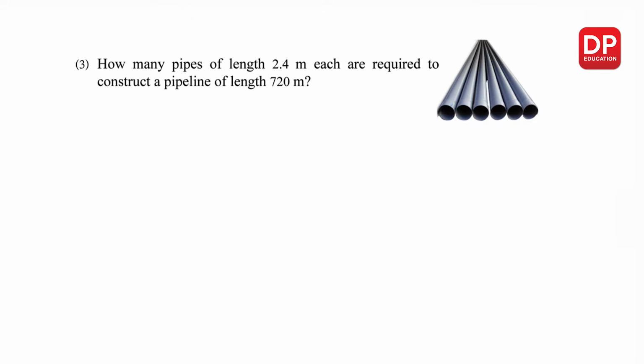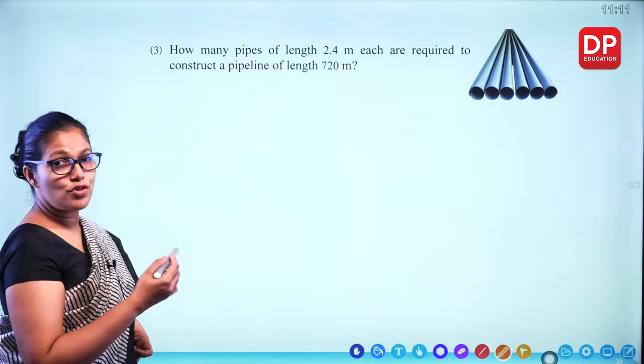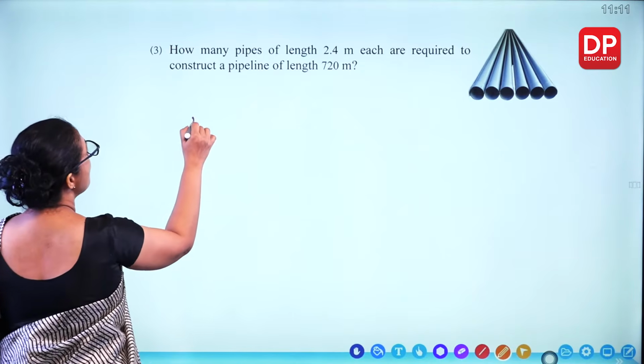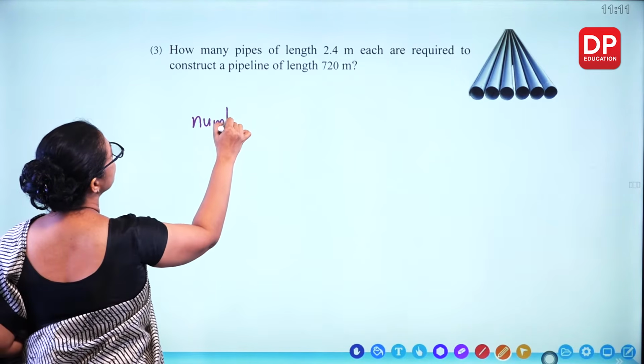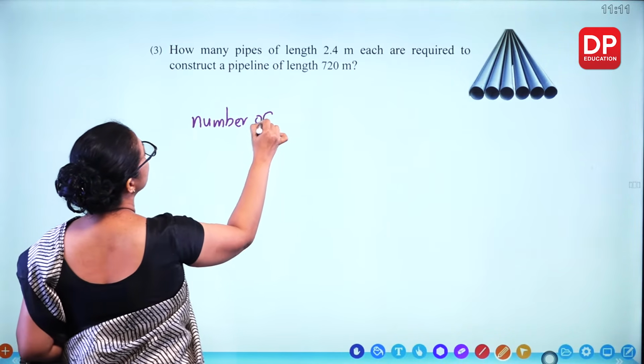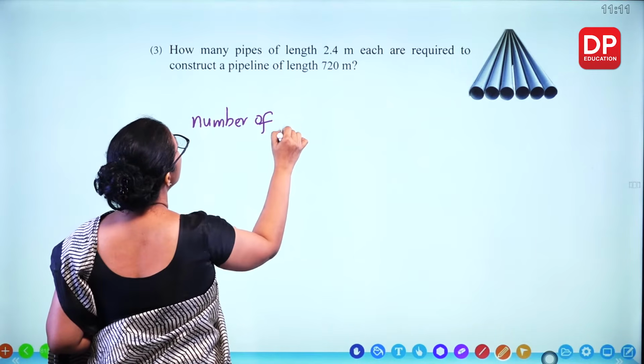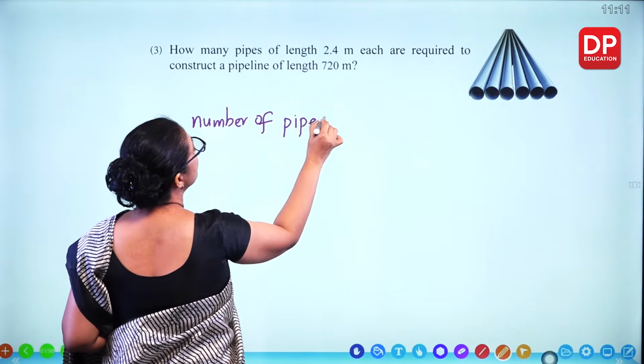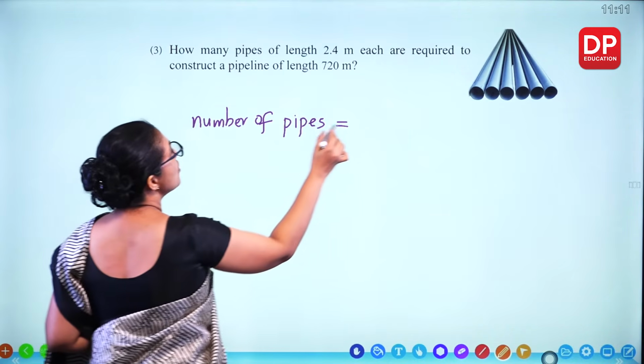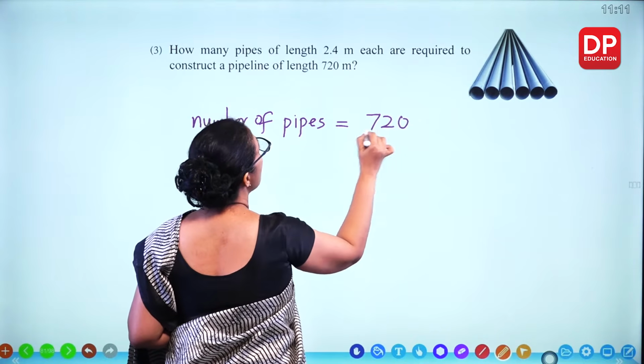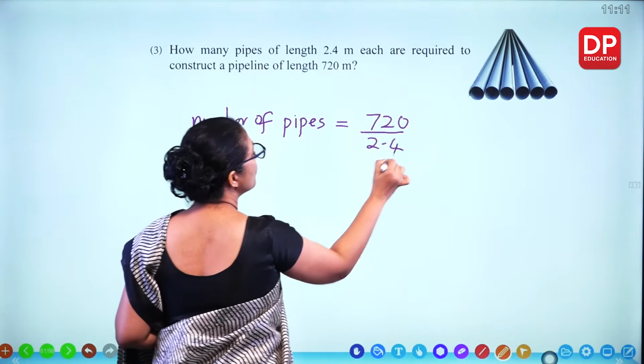Question number 3. How many pipes of length 2.4 meter each are required to construct a pipeline of length 720 meters? So you have to divide. So number of pipes is equal to 720 divided by 2.4.